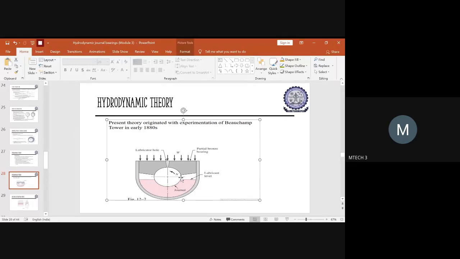This is the direction in which the journal will be rotating. And this is the level of the lubricant in between the journal and the bearing surface, the clearance in which the lubricant is filled. So this is the diagram you have to understand, in which direction the journal is rotating and the level of lubricant. This is just a cross-sectional part of our journal bearing.